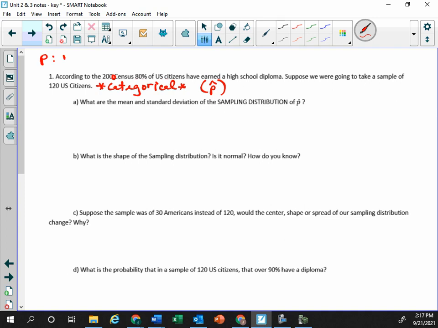This is the proportion of U.S. citizens with a high school diploma. And I should probably say according to the 2000 census, but we'll just stop there. And then you can write, P equals 0.8 as part of that as well.